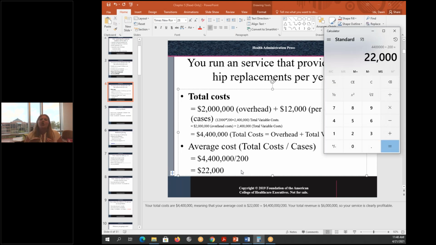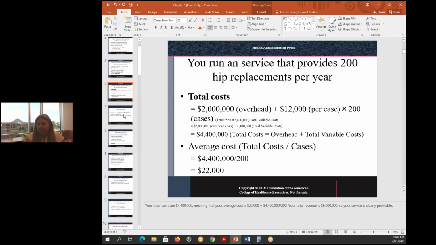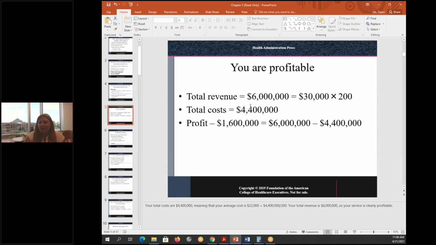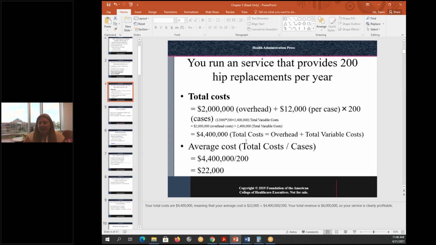So we're charging $30,000 for the hip replacement, right? And this is what matters here. So let's go to our next slide. So we're charging $30,000. Let's hold up on that real quick. People may say, well, look, they're making $30,000 on this hip replacement. That's ridiculously expensive, right?